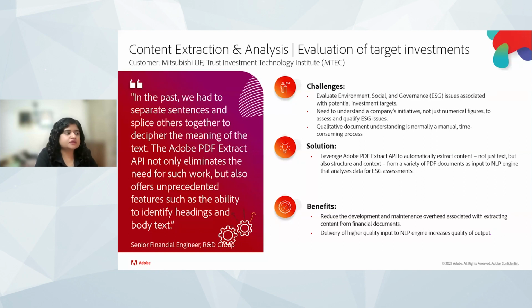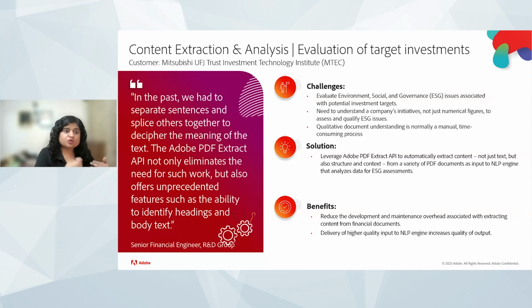So what they did was they leveraged Adobe PDF Extract APIs to automatically extract content, not just text, but also the structure of the content from a variety of PDF documents as an input to the NLP engine that analyzed the data for this ESG, as they called it, environment, social, and governance assessment that they carry out. How this helped them was it reduced the development and maintenance overhead associated with extracting content from financial documents.